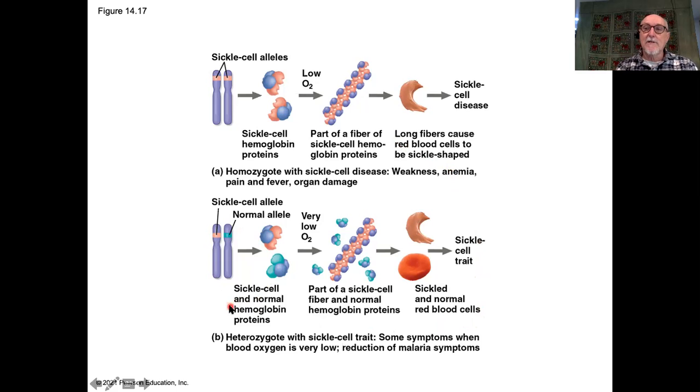It is advantageous where malaria is endemic, because malaria parasites cannot infect the sickle cell blood corpuscle. And in fact, the overall population of blood corpuscles does not support a healthy malaria population, healthy for the malaria.